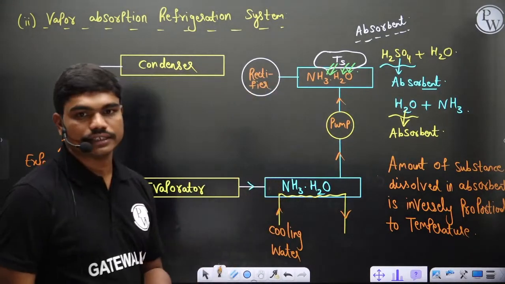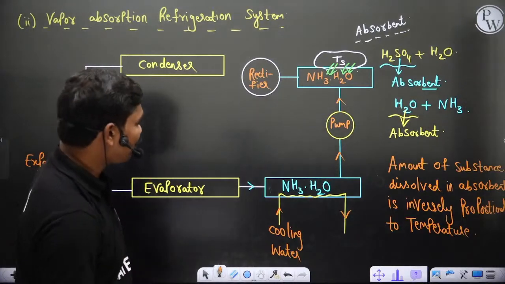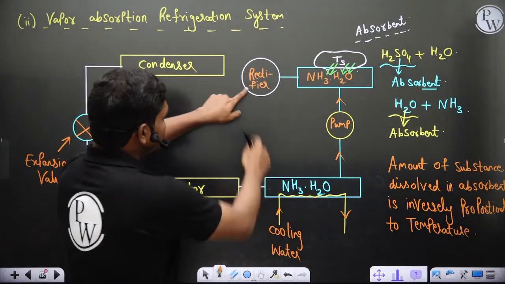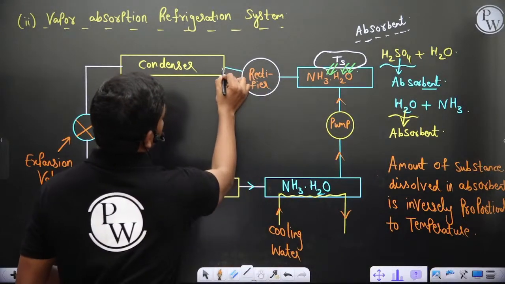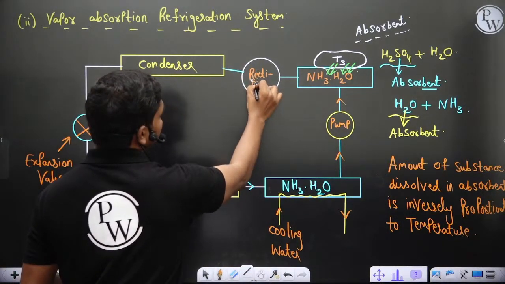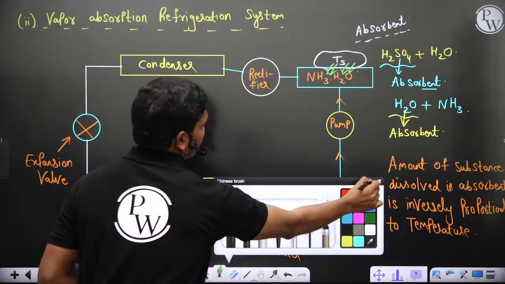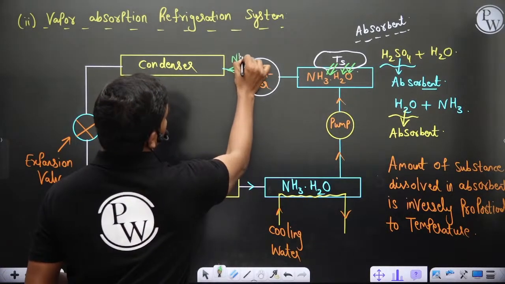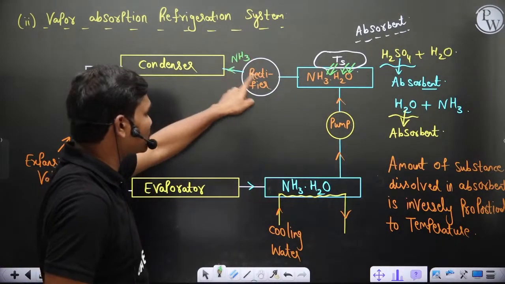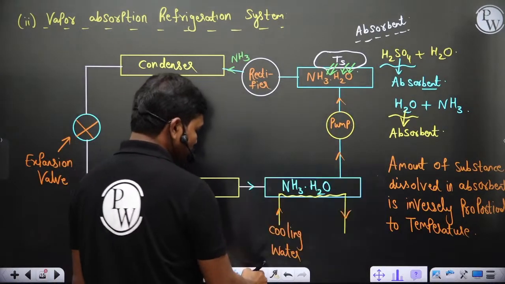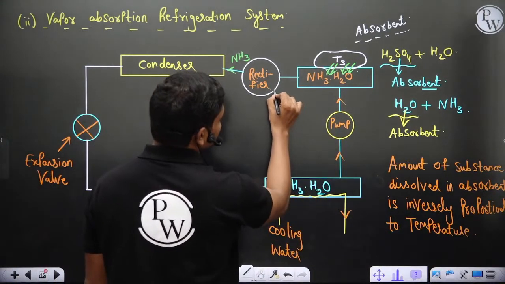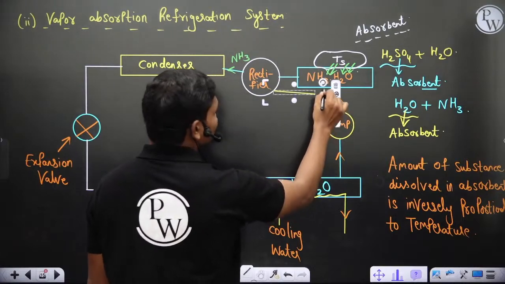Depending on the difference in the boiling points, it sends this ammonia directly in this direction because it separates. This ammonia is already at high pressure because of the pump. And the less concentrated ammonia mixture will come back like this.